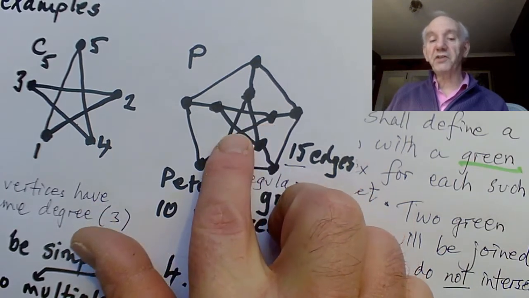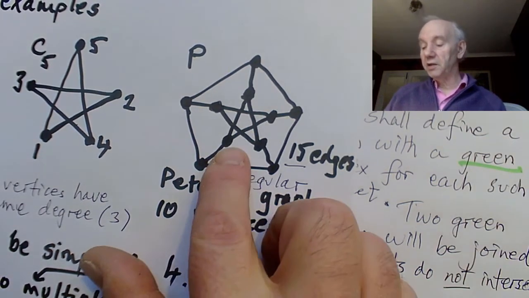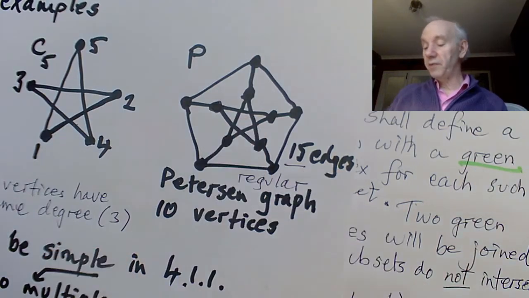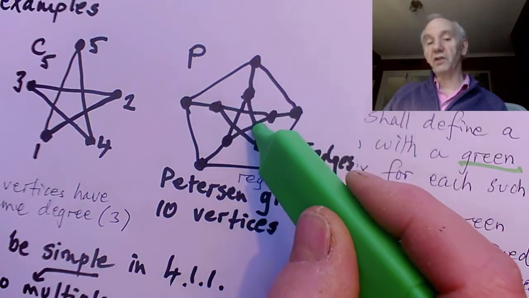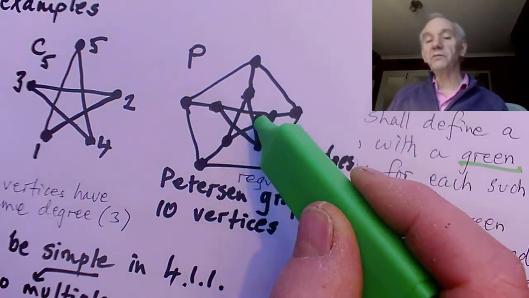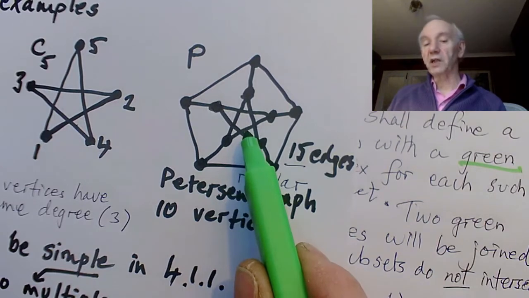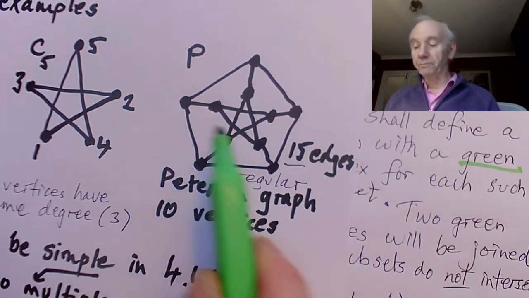So the vertices are indicated by the big blobs. If 2 edges cross, and here there are 5 crosses on the inside, there's a little sort of mini pentagon on the inside, but these crossings are not vertices, obviously. It's just that I can't draw it in the plane without such crossings. If I visualize this in 3 dimensions, I can manage it.